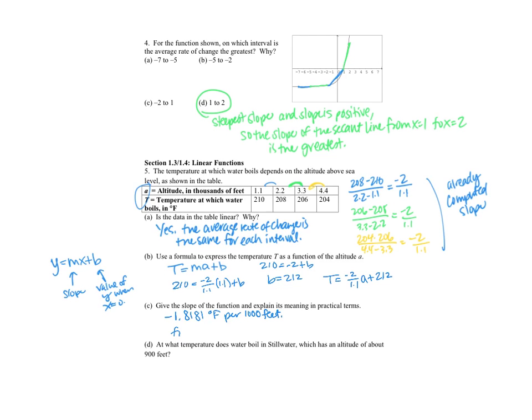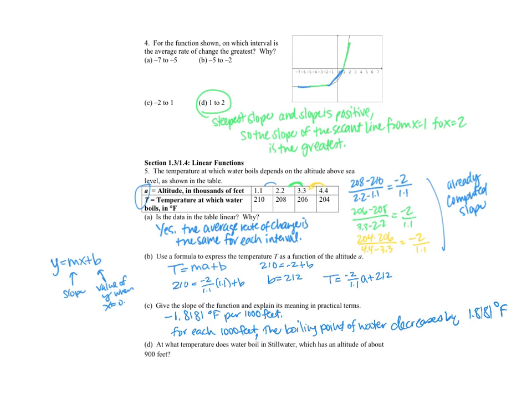And that means for each 1,000 feet, the temperature, the boiling point of water, decreases by 1.81 degrees Fahrenheit. I'm not going to say it decreases by negative, that'd be a double negative.